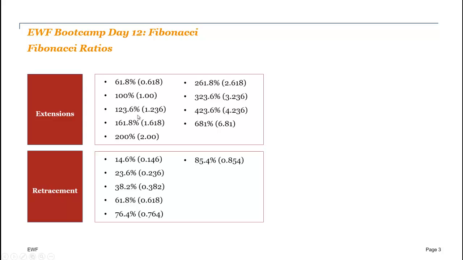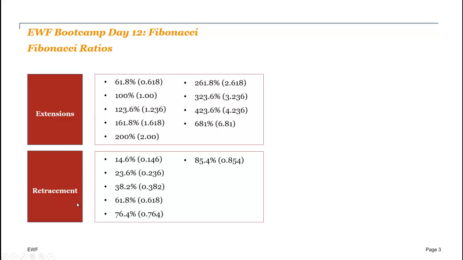Usually in our charts, we show it in a blue box. Okay, and then the 161.8% also is very important. This is usually what we use as a stop loss. So in other words, for extension, the most important levels will be 100%, 123.6%, and 161.8%. Three levels here, the most important levels.